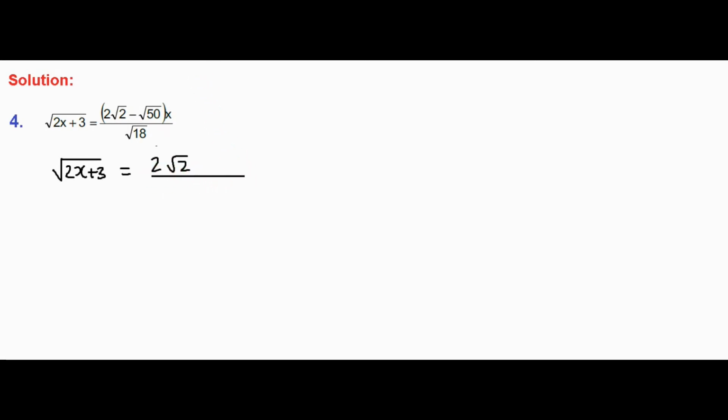Now, the square root of 50, we can simplify. The largest perfect square into 50 is 25, and it goes twice. So the square root of 50 can be written as the square root of 25 times 2, which is the square root of 25 times the square root of 2, which is 5 square root 2.